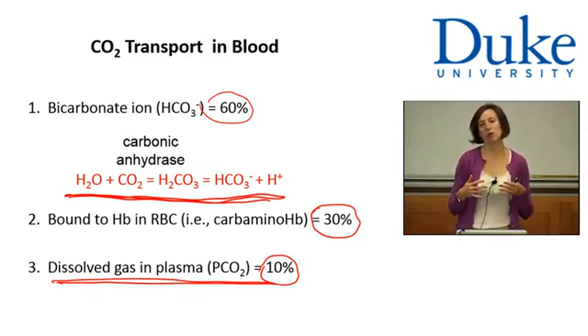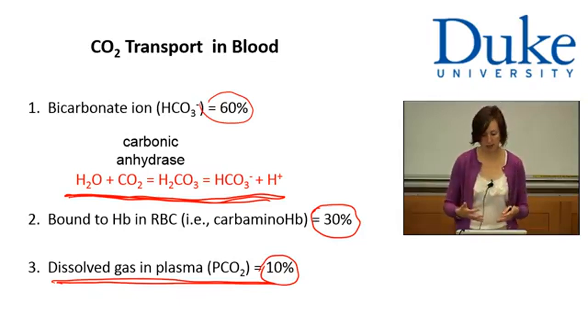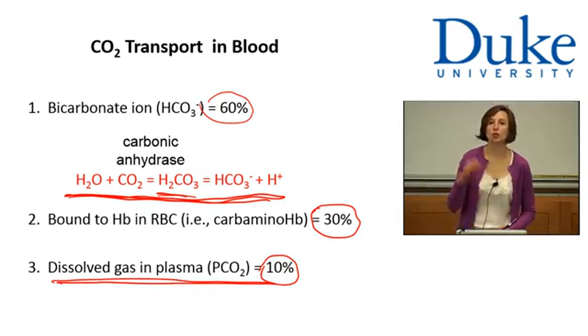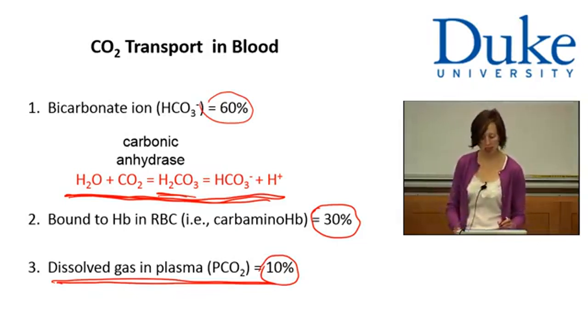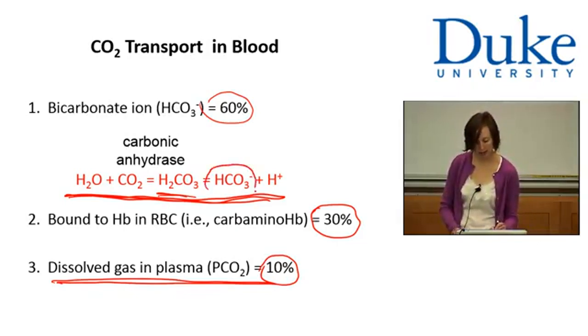The reason CO2 gets converted to bicarbonate is because water and CO2 can combine through the action of carbonic anhydrase, an enzyme that helps convert water and CO2 to carbonic acid, which will then dissociate into bicarbonate and a proton.